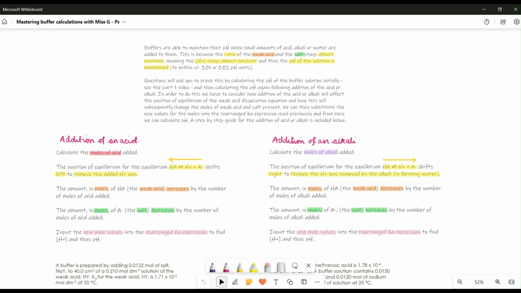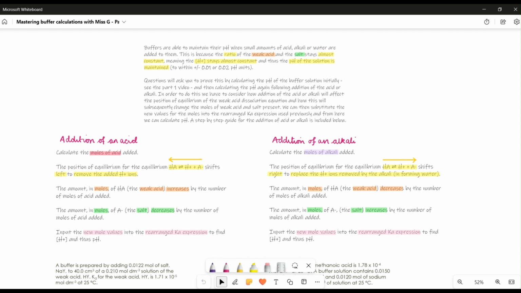And it's the same thing when we add an alkali. We need to think about how adding the alkali shifts the position of equilibrium, and then what that does to the moles of the weak acid and the moles of the salt, and then again we can just sub those new values for the moles into the rearranged Ka expression to get the hydrogen ion concentration and thus the pH.